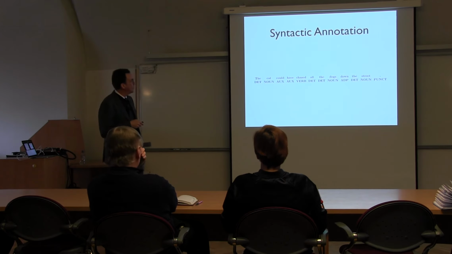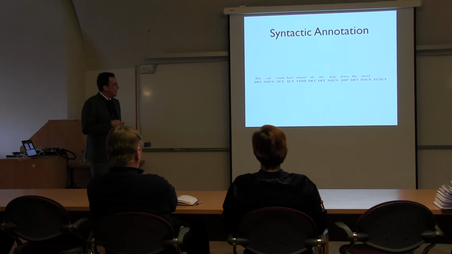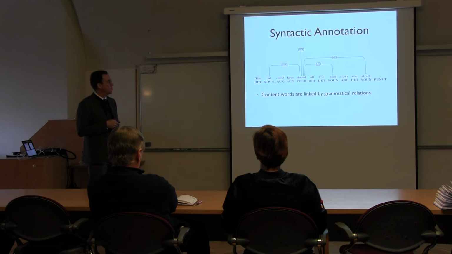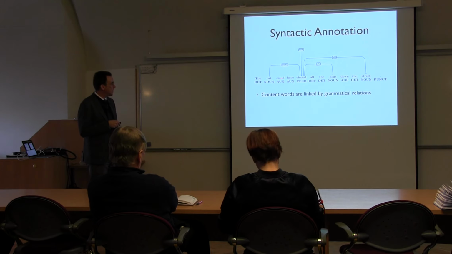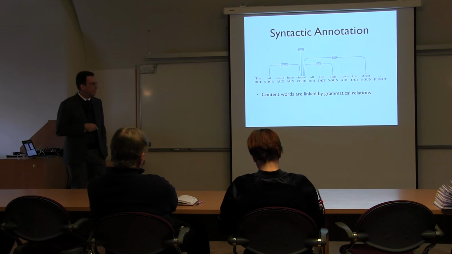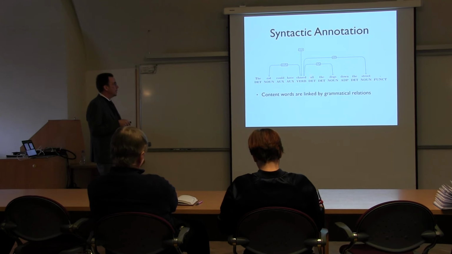So just very briefly, as I already said, the point of the syntactic annotation is to focus primarily on grammatical relations between content words. So again, if we have a sentence in English, slightly longer this time, The cat could have chased all the dogs down the street, the idea is that we first identify the predicate, and then we identify its main arguments and modifiers.